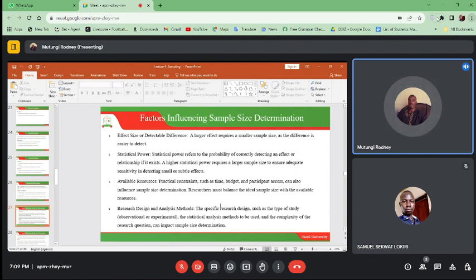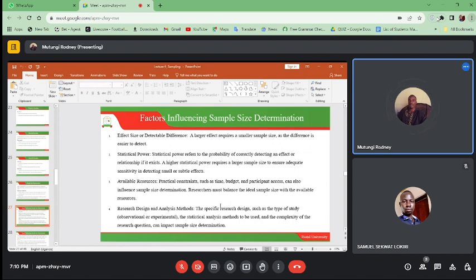And this can be very relevant, especially if you're doing evaluation studies. So if there has been a large effect in terms of improving nutrition status, then you do not require a larger sample to know that. You can have a smaller sample size to get that difference.